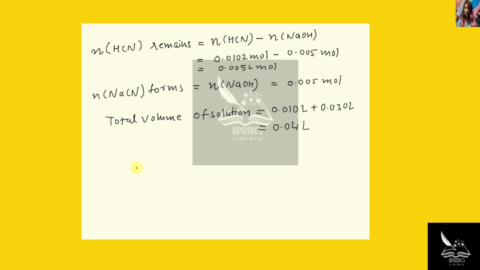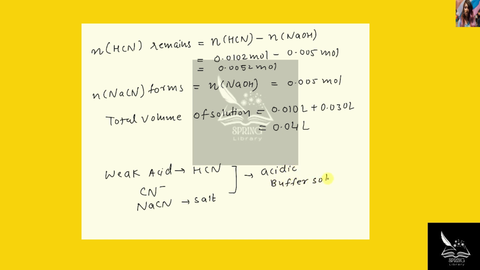Here we can see we have a solution that contains a weak acid, that is HCN, and the conjugate base CN minus, or we can say the salt NaCN. Then we can say we have an acidic buffer solution, and we can calculate the pH of the buffer solution using the Henderson-Hasselbalch equation.